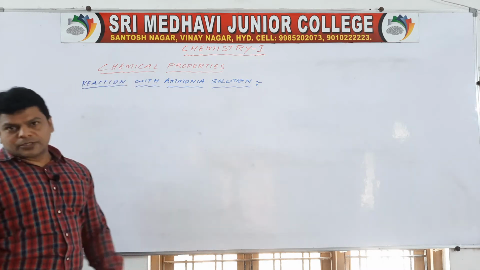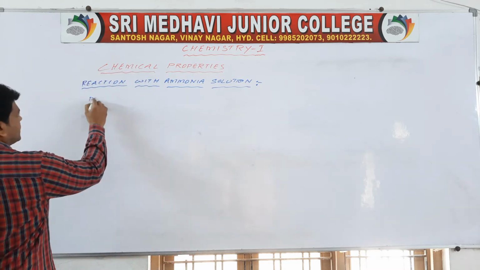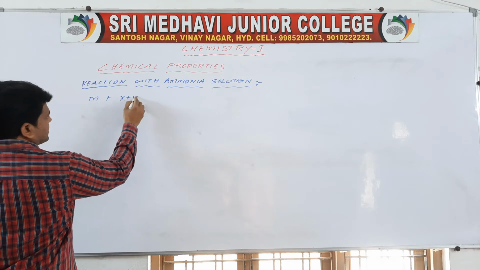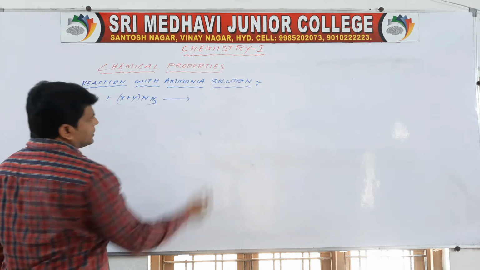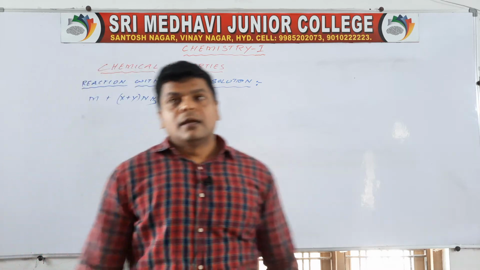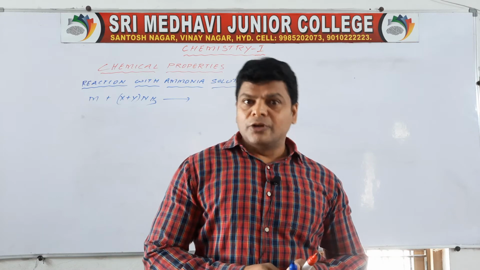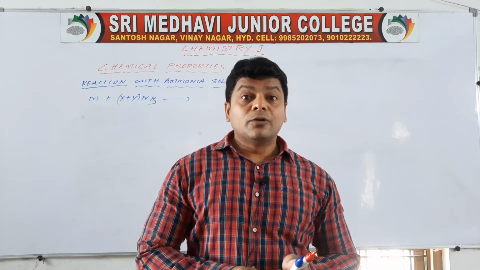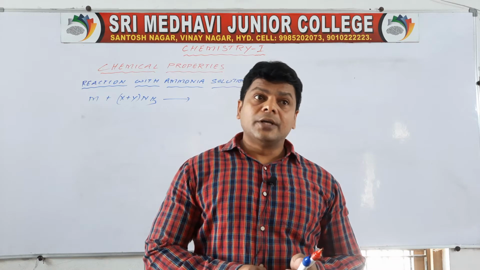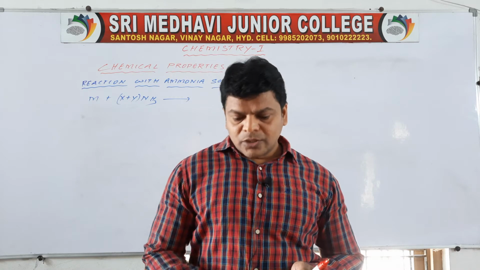See here, M plus x plus y NH3 gives rise to, when second A group elements are dissolved in ammonia solution, they give a deep blue black colored solution.